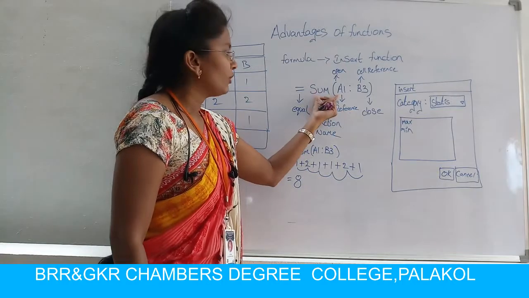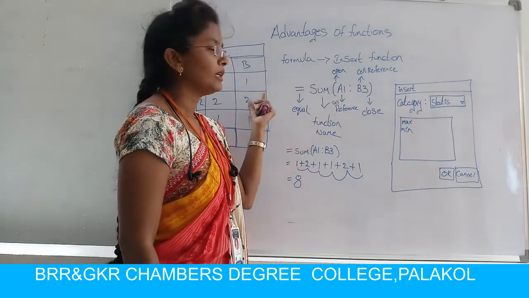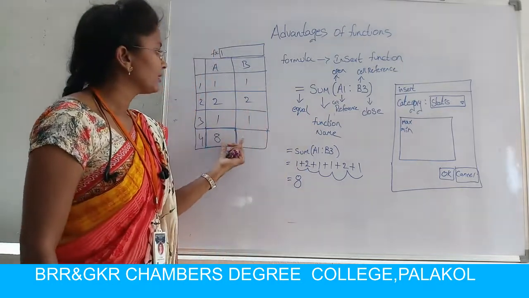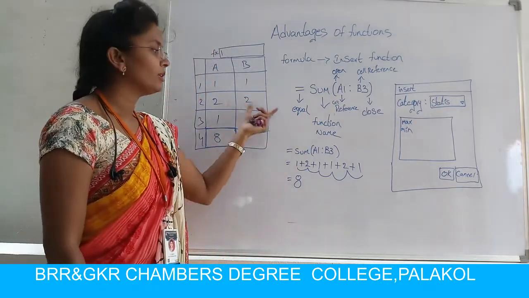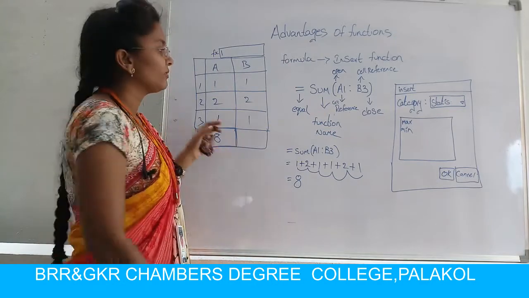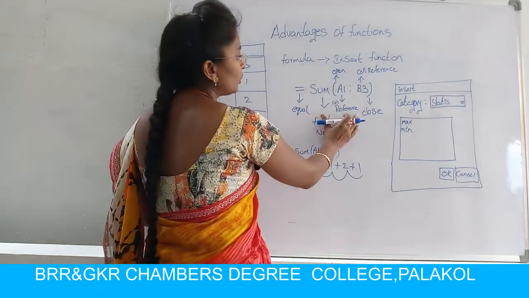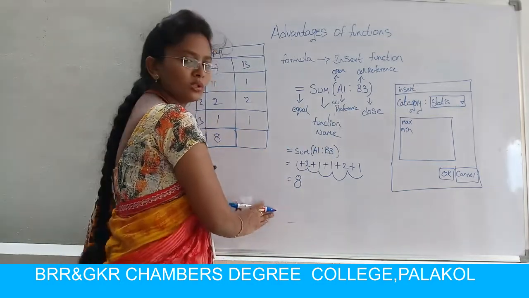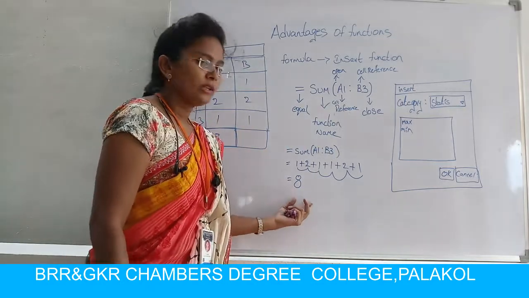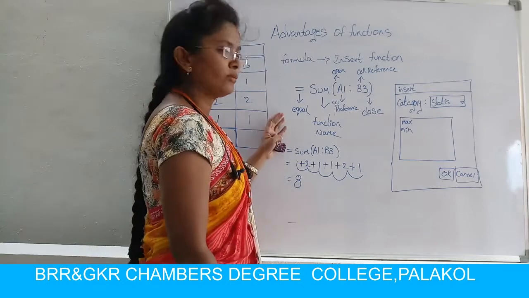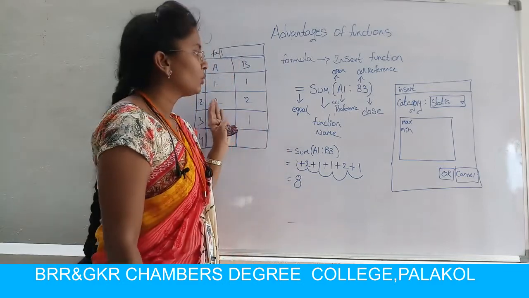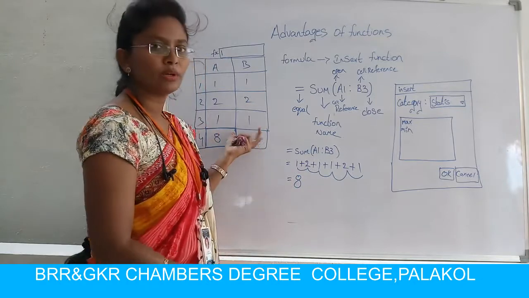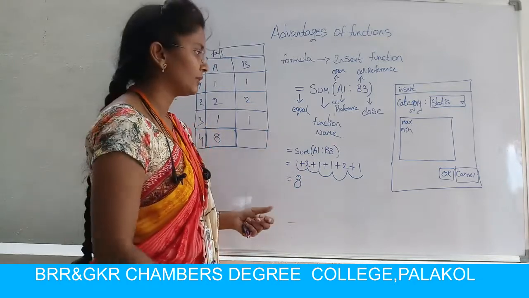If you write the formula wrong, then the answer will also be wrong. If you take some wrong data, then it will display the wrong result. If the data and formula are both correct, then the result will also be correct. The system won't make any wrong thing. According to our instructions only, it will display the result.